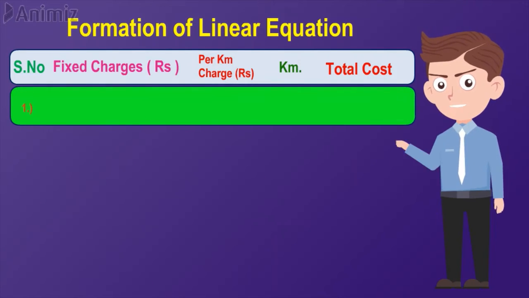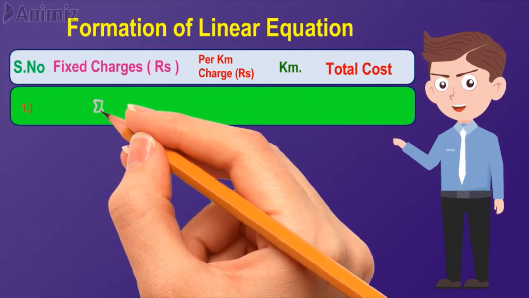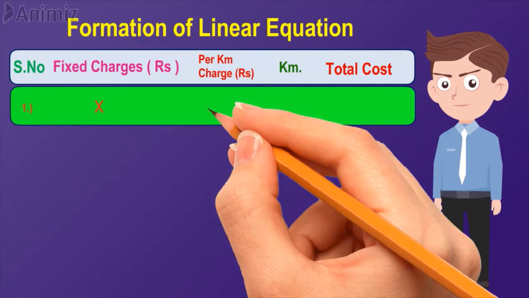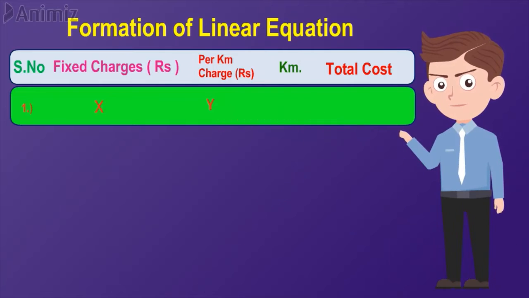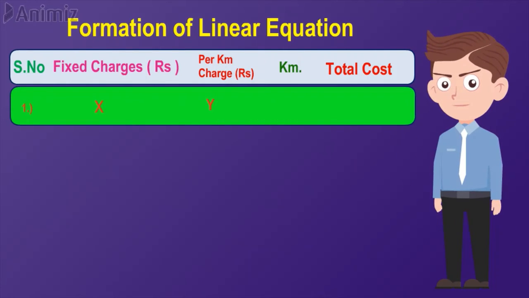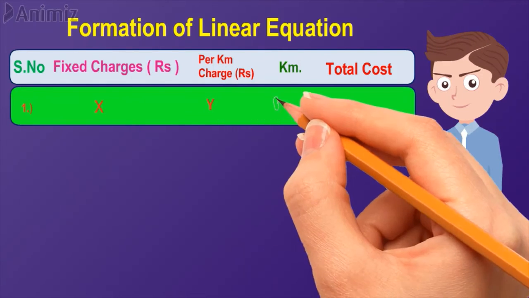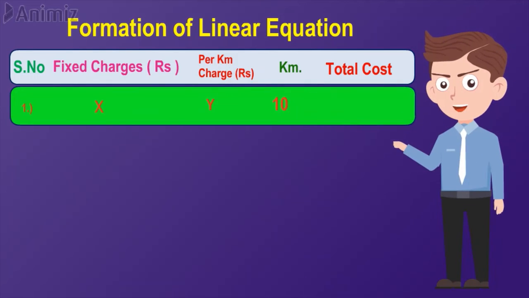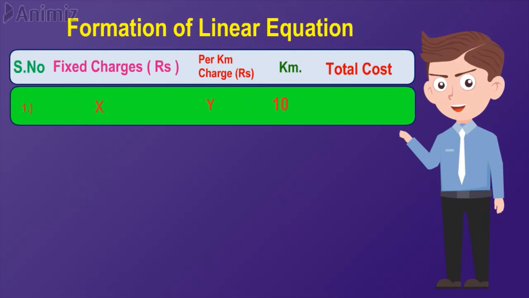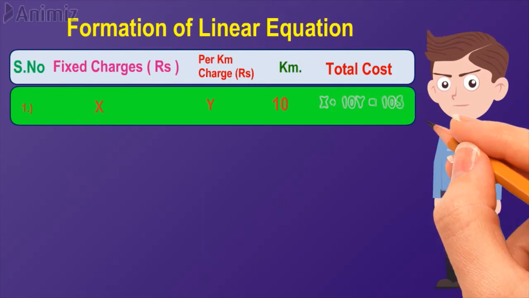Let us assume the fixed charge of the taxi is rupees x and the per kilometer charge is rupees y per kilometer. In the first condition, for a travel of 10 km, the amount paid is 105 rupees. So the fixed charge is x, the per kilometer charge is y, which means the total cost is x plus 10y, equal to 105.